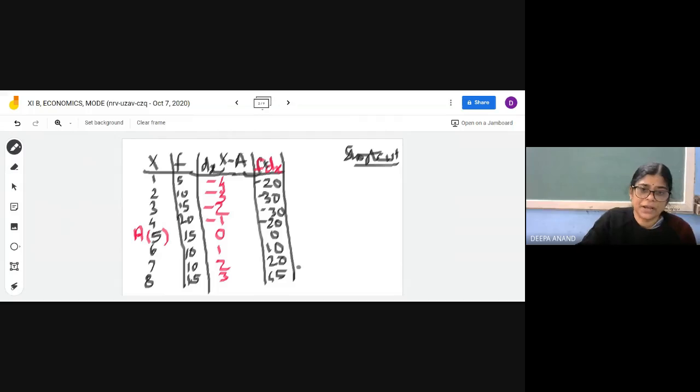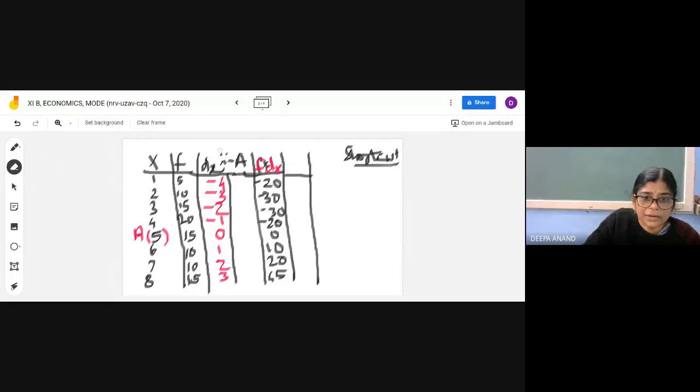And next, you have to do the dx square column. Actually, after dx there should have been dx square. Let's make it here, the dx square column. Then you make f into dx square.